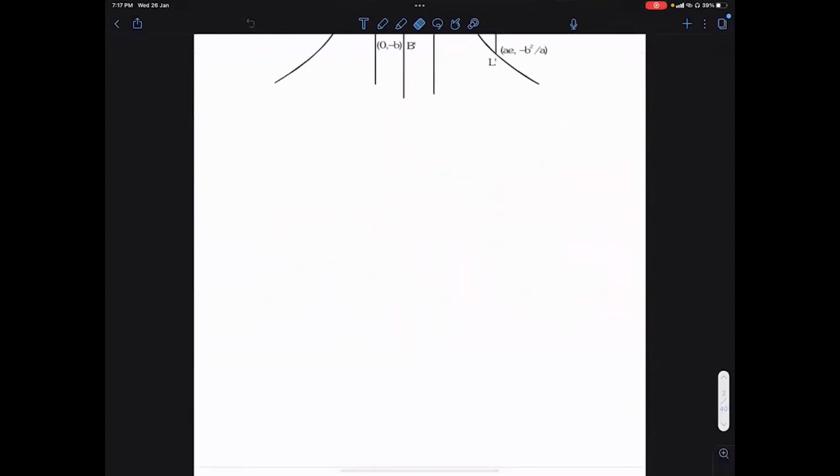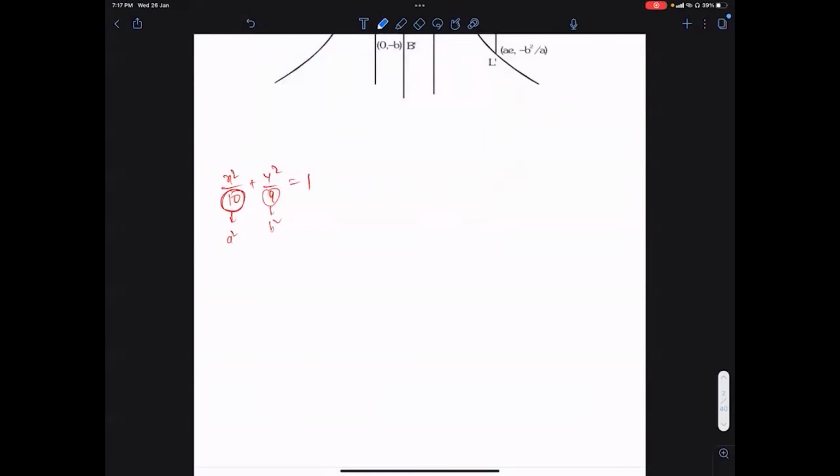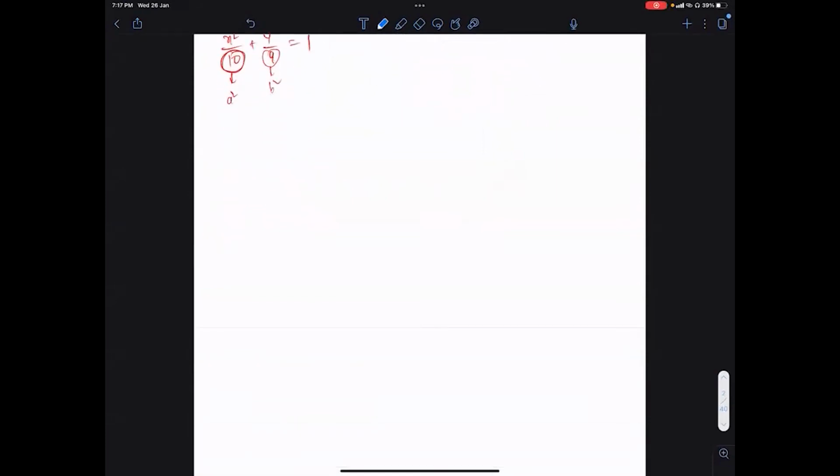For example, if you have x square by 10 plus y square by 9 equals 1, whichever is larger, that is a square, and whichever is smaller, that is b square. But in hyperbola it's not like that. So what you do is, for example, if the hyperbola equation is given something like this: x square by 4 minus y square by 3 equals minus 1.